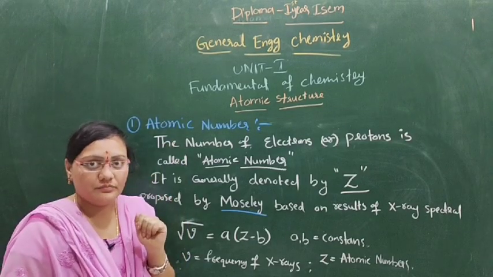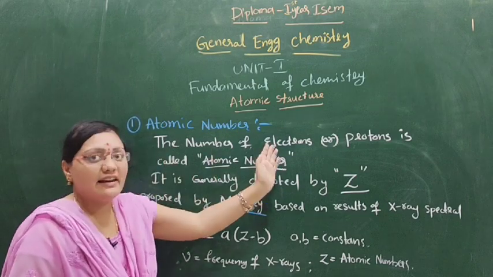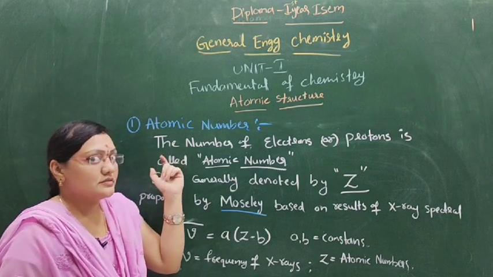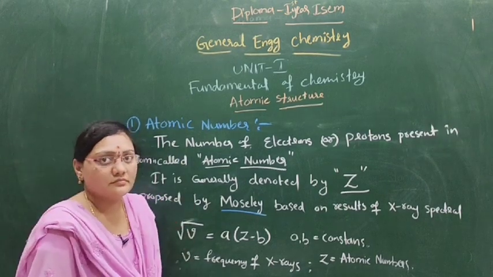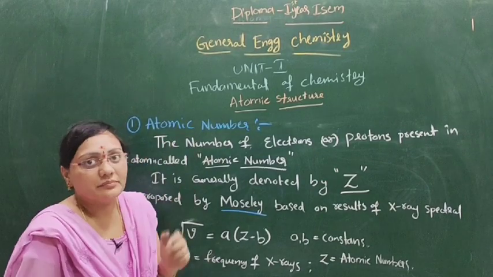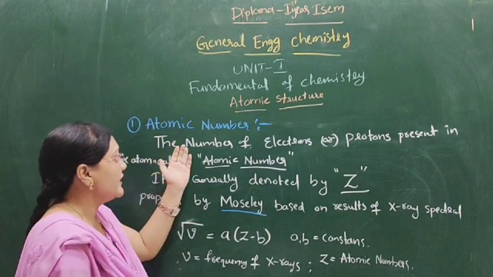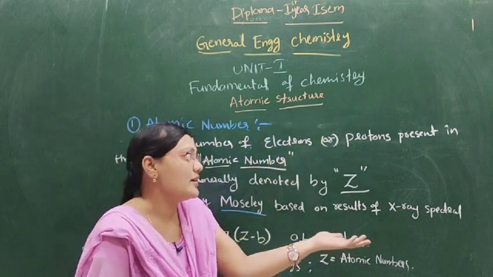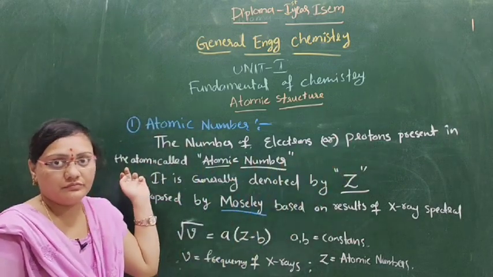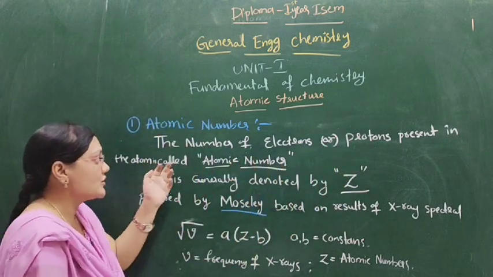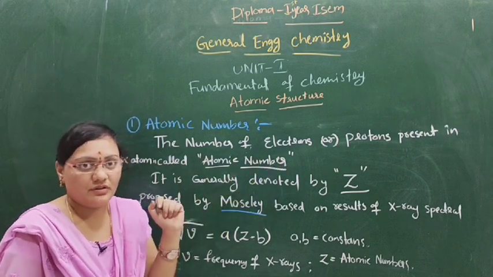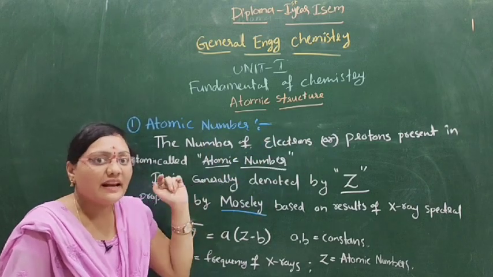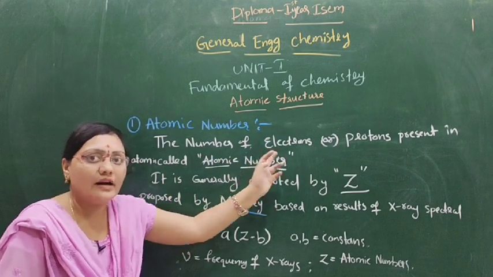Atomic number. The atomic number is the number of electrons or protons present in an atom.